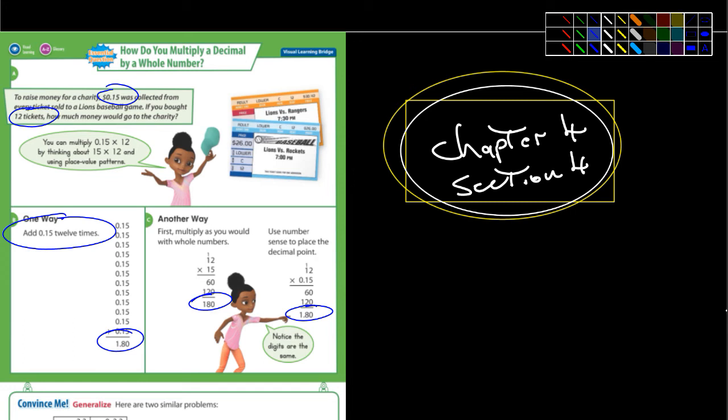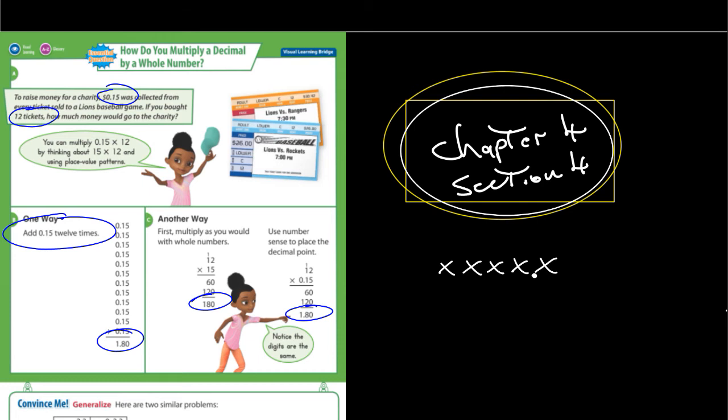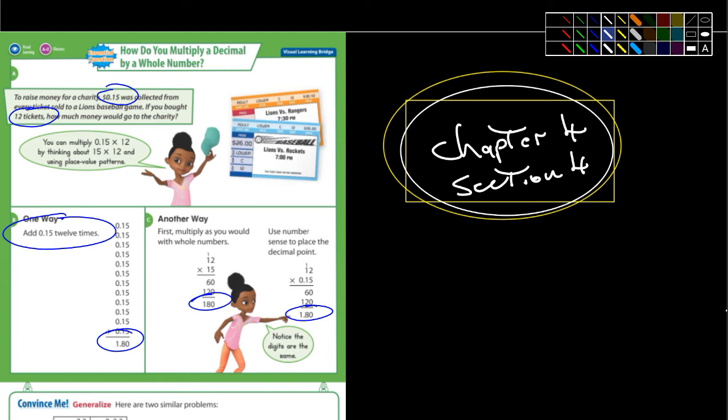Let me just show you something here. Take a look at this. I'm just going to do Z, Z, Z, Z, Z, and put a decimal right there. Actually maybe I shouldn't use X, because I'm going to put the symbol for multiplication, which is an X. So how about Z?